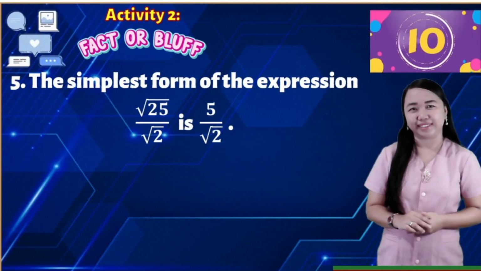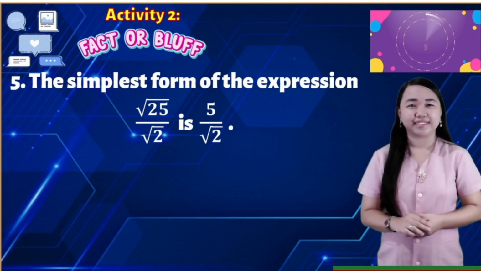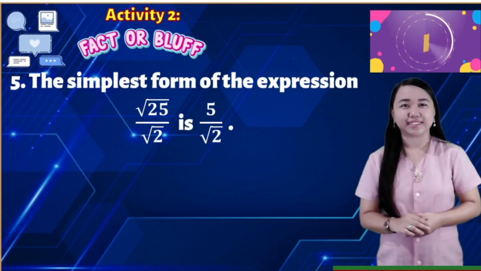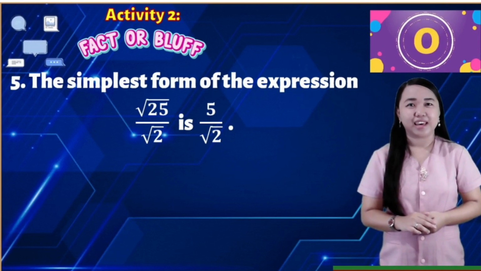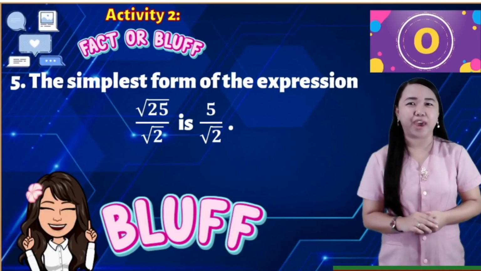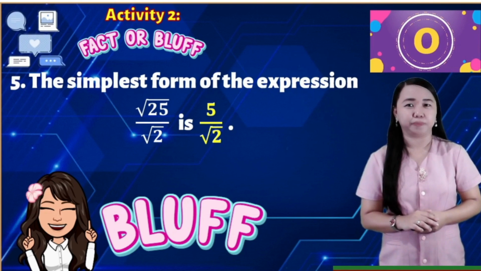Go! If you answered bluff, you are correct. Perfect. The simplest form should be 5 square root of 2 over 2.